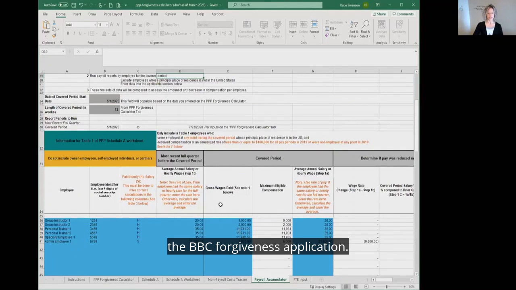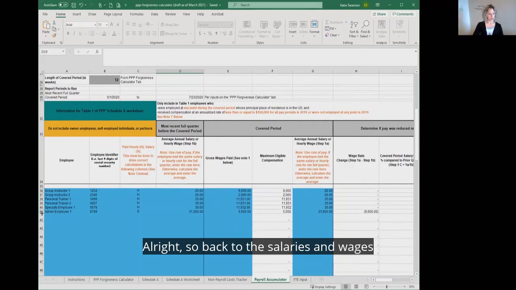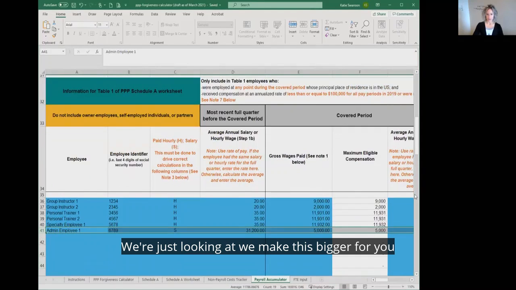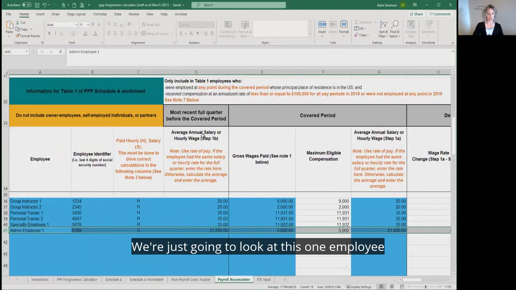All right, so back to the salaries and wages calculation. Here I have scheduled out, and really we're just looking at, let me make this bigger for you guys. Yes, everyone can see my Excel file, I hope. If you can't, please let me know. We're just going to look at this one employee here. So their average annual salary for the most recent full quarter before the covered period.